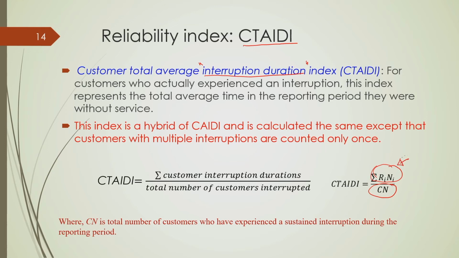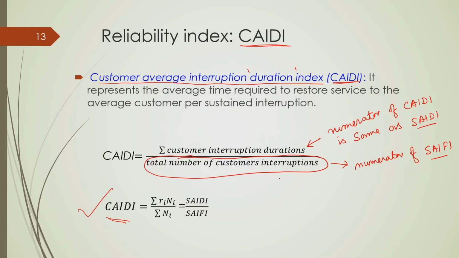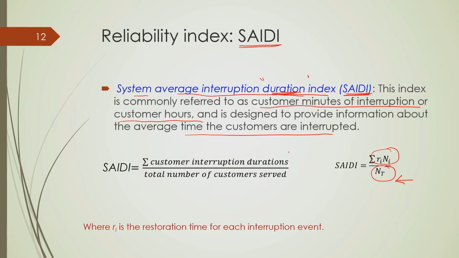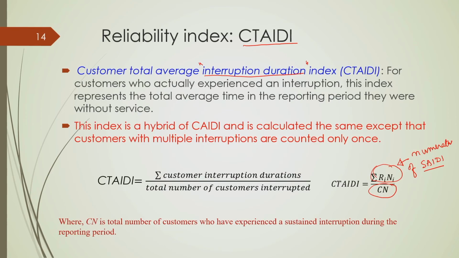The numerator is the total customer interruption duration, the same as the numerator of SAIDI and CAIDI.